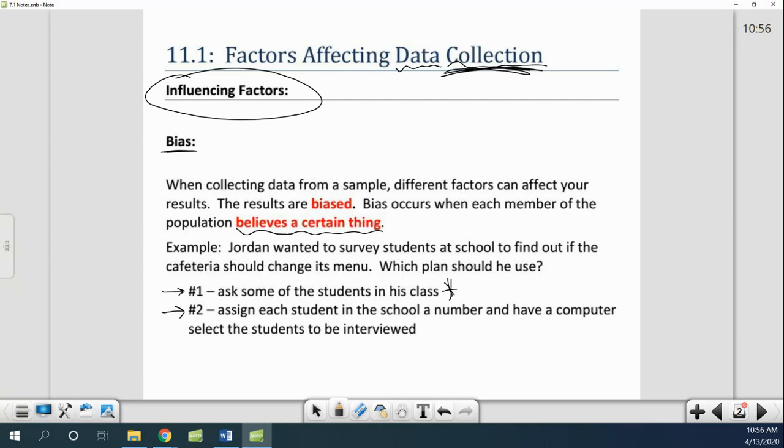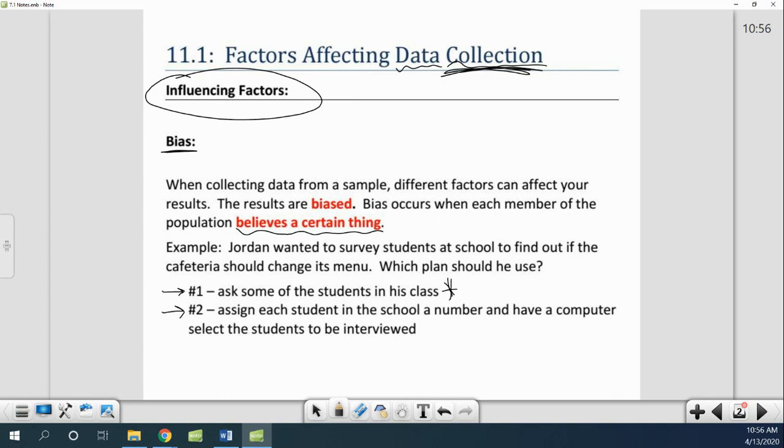Like if he's taking pre-cal versus essential math versus chemistry versus drama, those people all have certain things in common with each other if they're in certain classes that they've selected, right? So if you're only asking people in your class, you're getting the same age group, you're getting likely the same interests, you're getting people that are probably friends with each other in a lot of cases. You've got friend groups in the same classes. So you've got a lot of things that could bias those results.